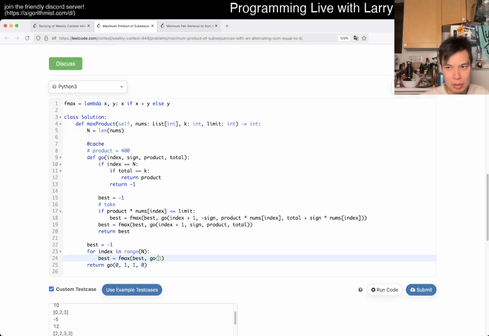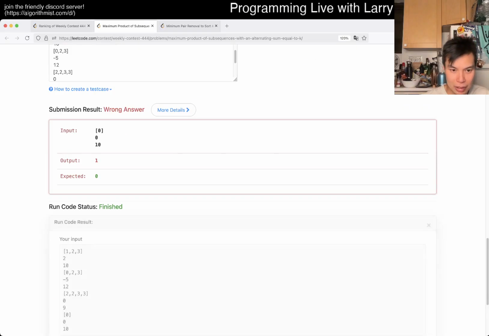Go index plus 1, -1. Was it num sub index is the product, and then total is num sub index as well. Okay, right? Okay, so I didn't take at least one, click.